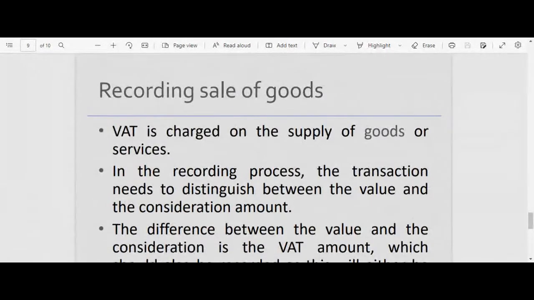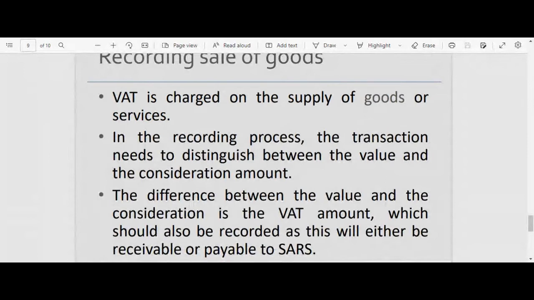Okay, so we've already discussed this, so this is going to be quick. I'm sure you'll be happy with that, Ms. Morris. We've already mentioned VAT is charged on the supply of goods or services. It's an indirect tax. It's important for us when we record it for accounting purposes that we distinguish between the value, the value added tax that is included in the amount, and the so-called consideration, because they're all going to go somewhere else, right?